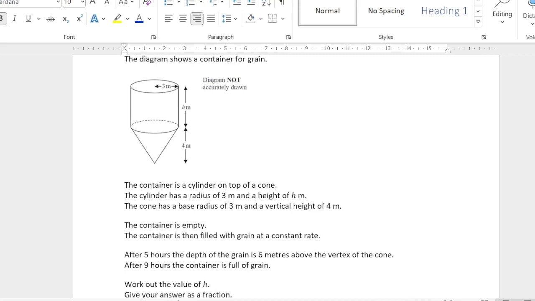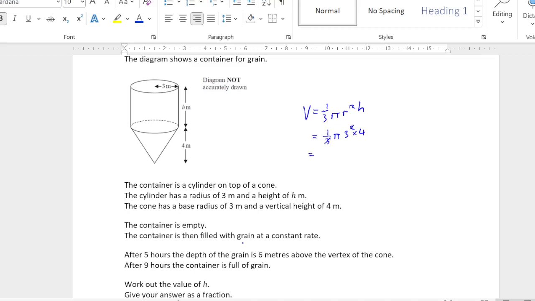Okay, so if we look at the volume of a cone, first of all, so the volume of a cone is going to be equal to 1/3 pi r squared h. So let's go 1/3 times pi times 3 squared times 4.